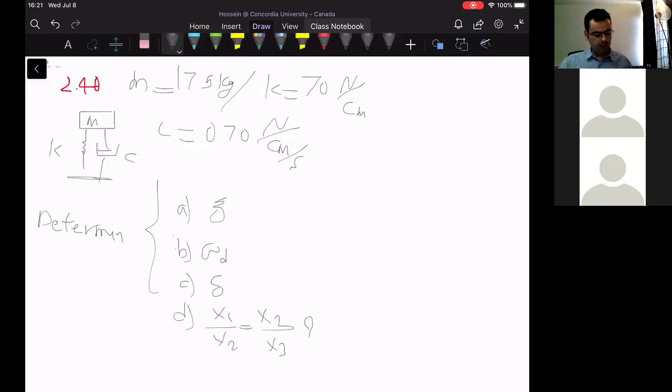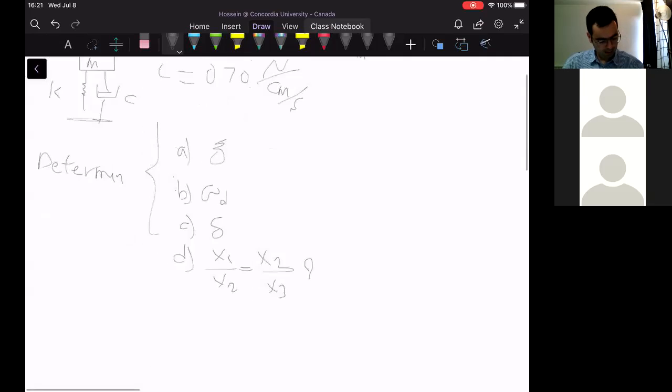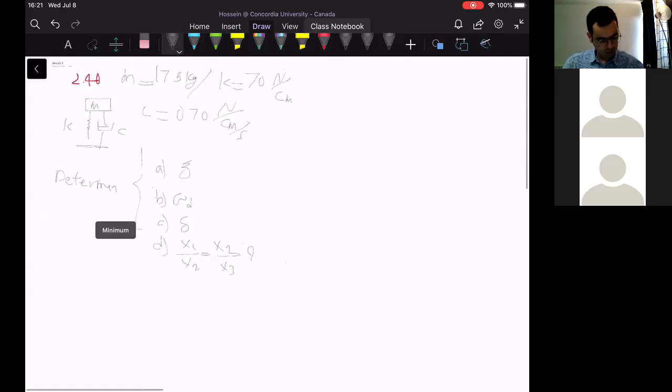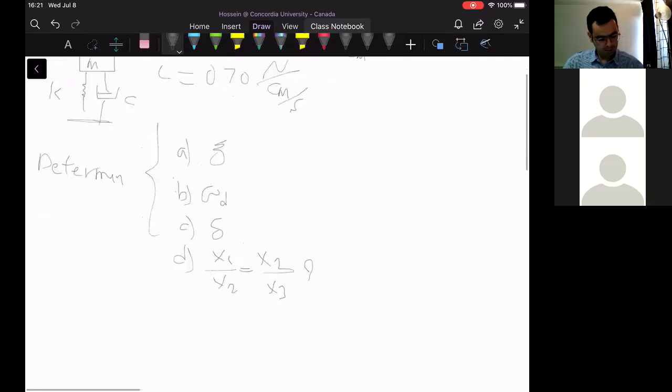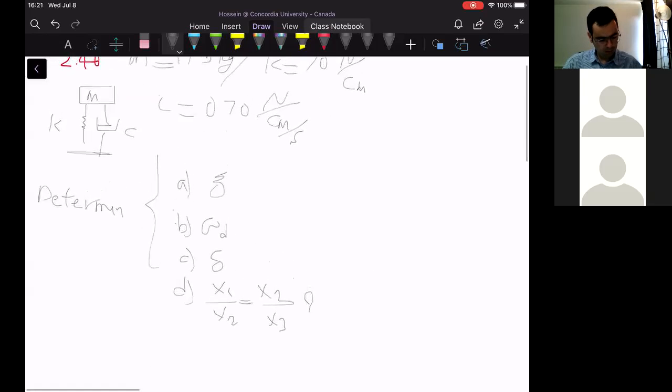So A is the damping factor, omega d is the damped natural frequency, delta is the logarithmic decrement, and D is the ratio of any two consecutive amplitudes.